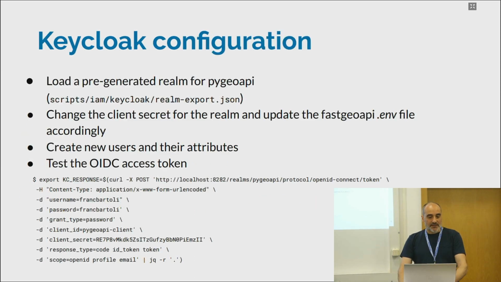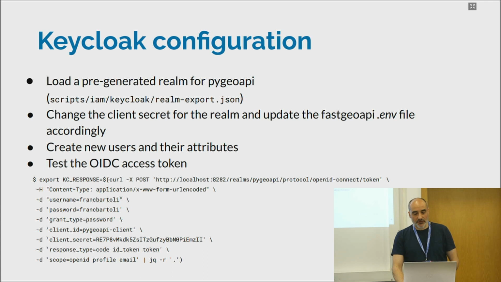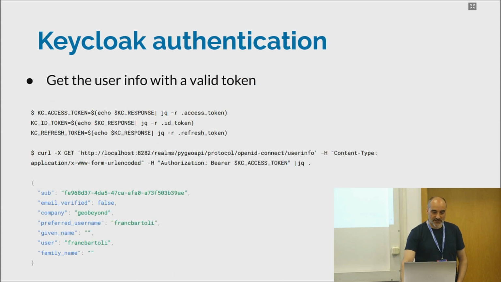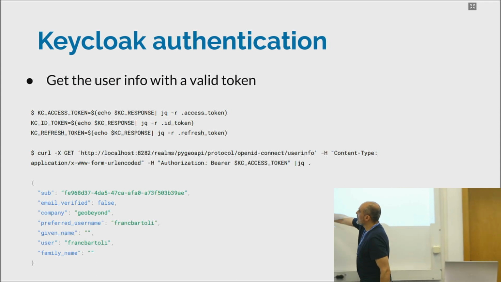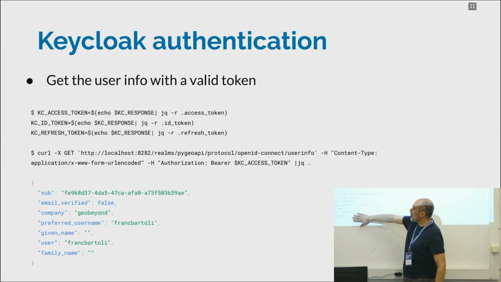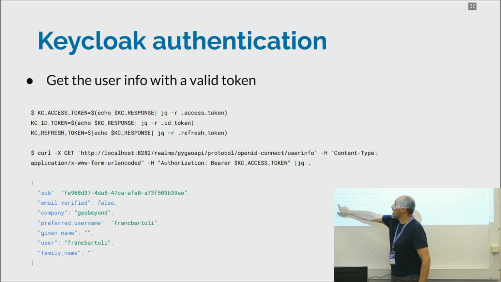So we have this Keycloak configuration. You can check it out. Everything is already pre-generated. You can check the OpenID Connect token whenever you start the server and perform some requests to the server. When the user is logged in, you receive these attributes.